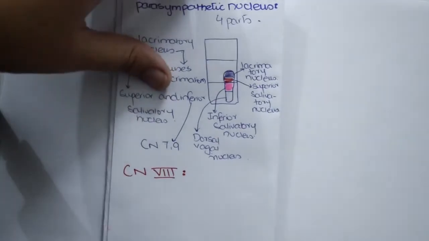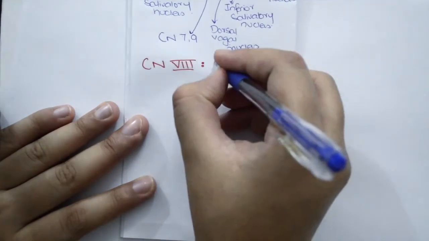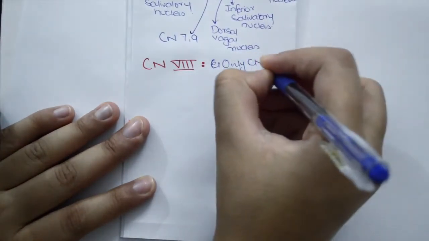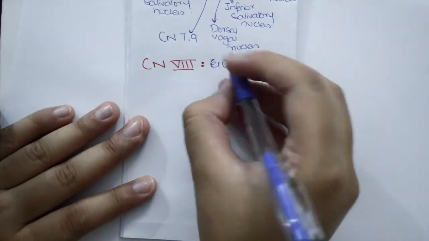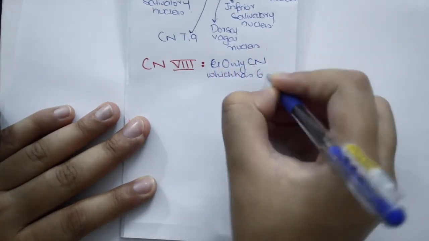Now let's move forward to the vestibulocochlear nerve, which is the 8th cranial nerve. This is the only cranial nerve which has 6 nuclei.